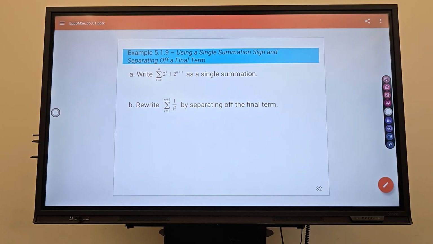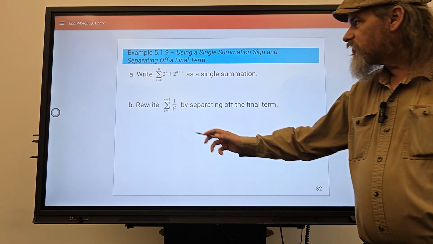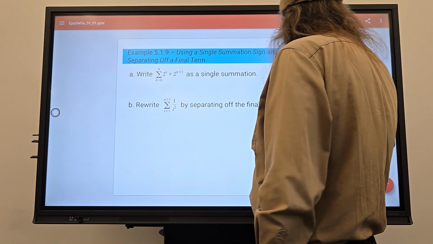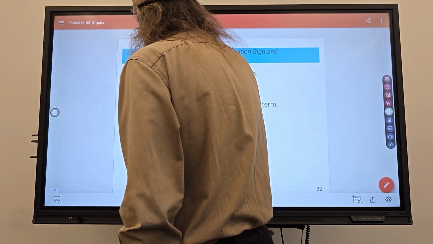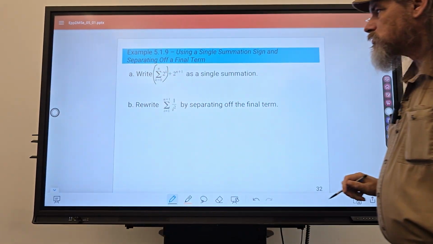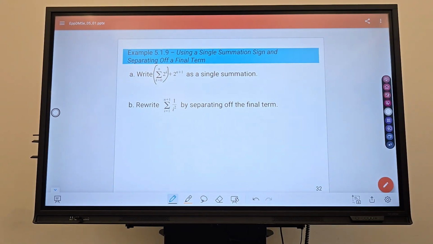How would that be written as a single summation? Go all the way back to Algebra 2.